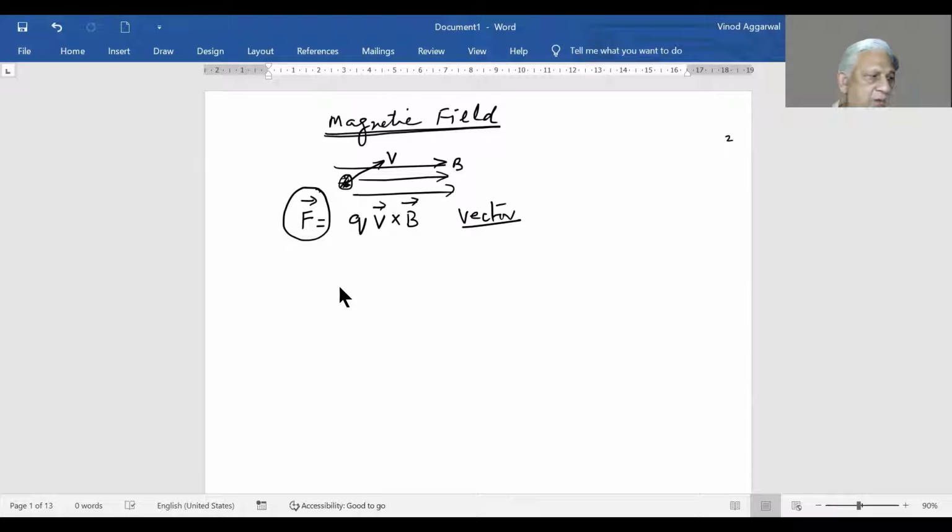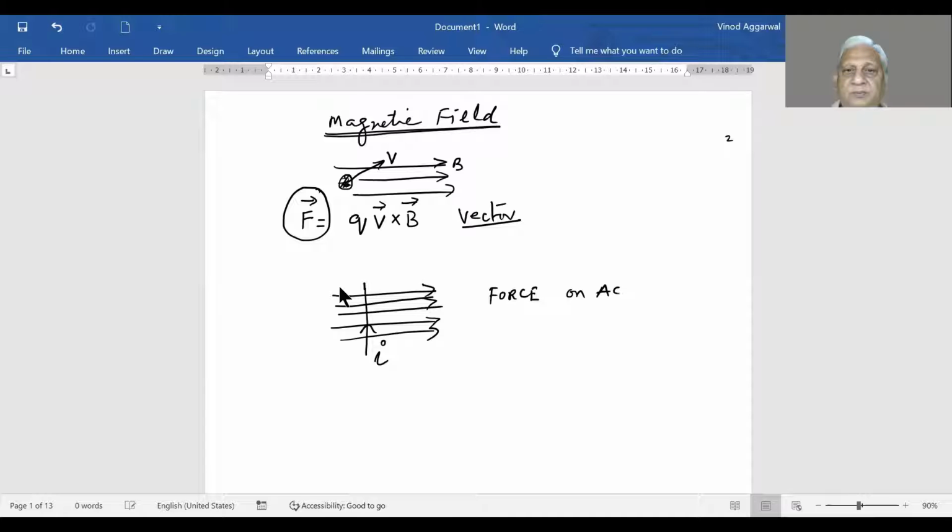Now, if we take a current carrying conductor, and there is a magnetic field around it, then this conductor will also experience force on account of the magnetic field.